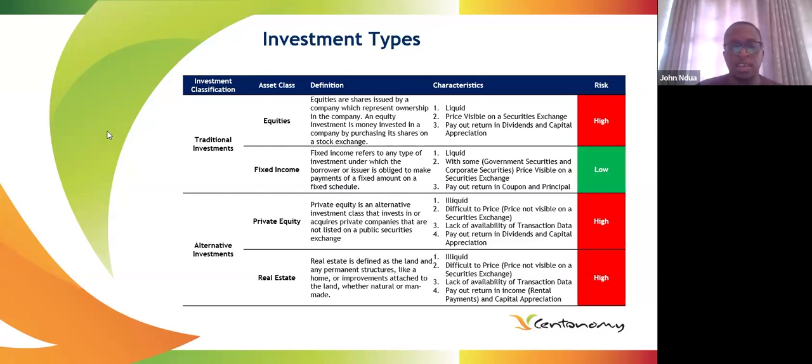Now, real estate is very, very cumbersome in terms of the acquisition process. It requires a lot of moving parts. You will involve lawyers, you will involve valuers, you'll also involve the government in terms of checking the land registry to see whether the land belongs to those people who are selling.